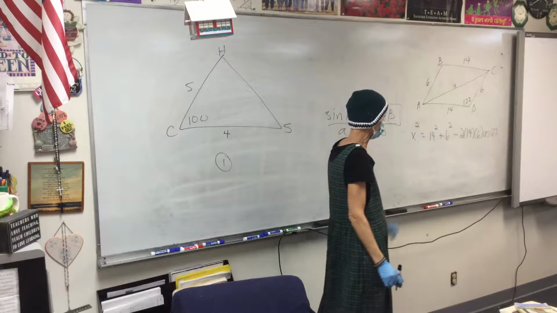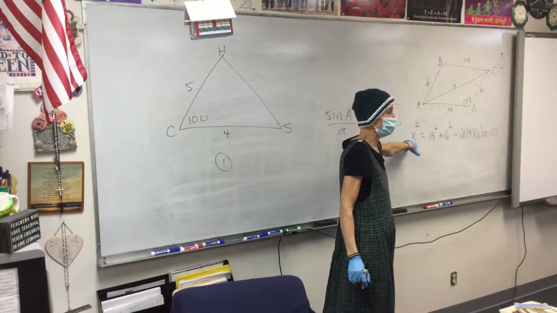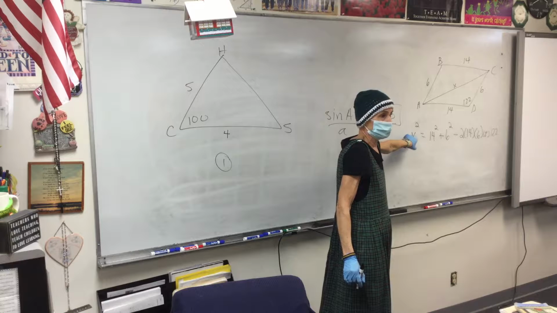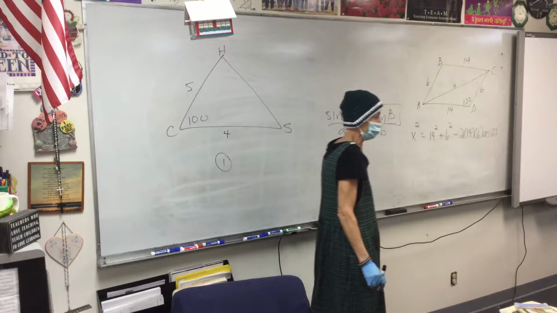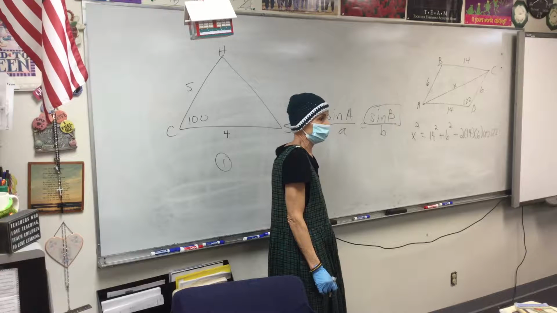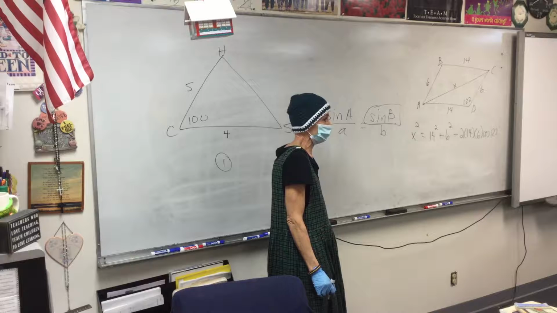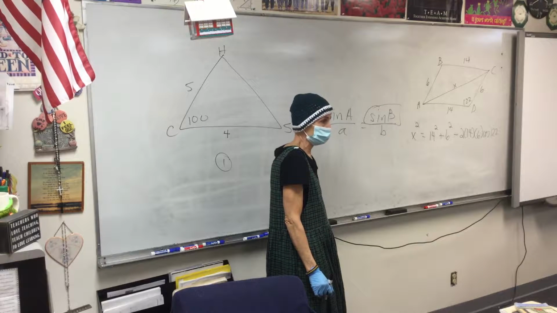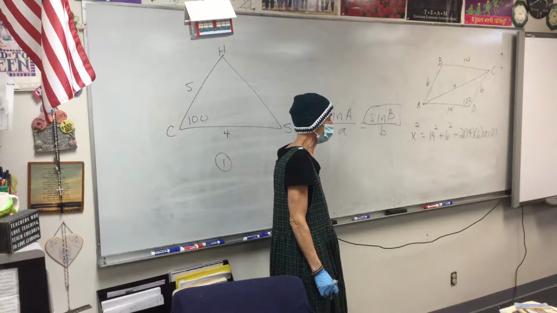So you might want to make sure you can type that in. Don't forget, you always need to take the square root in one of these problems. All right. Is that okay, Brittany?